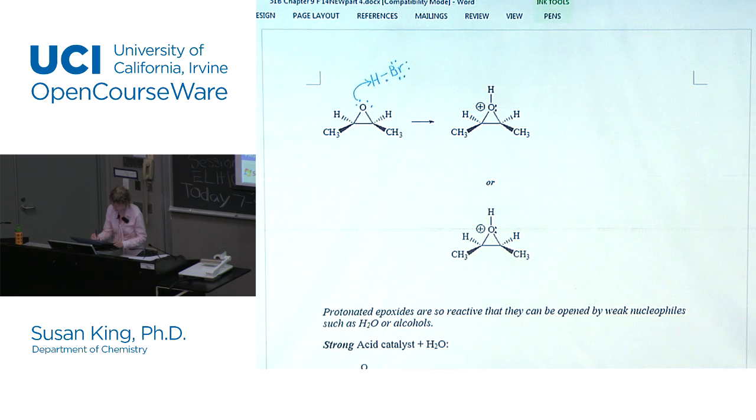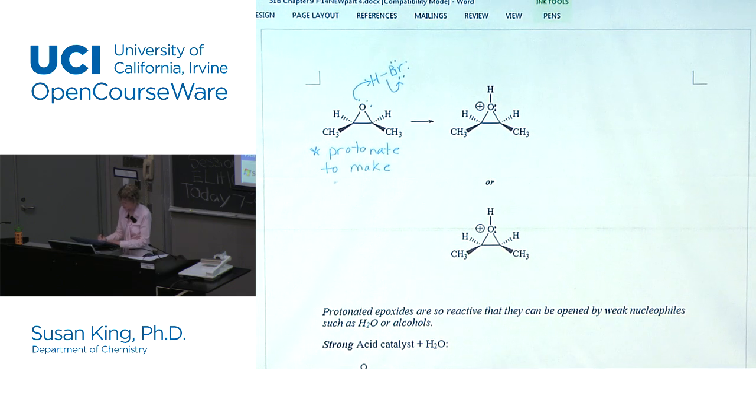We protonate the oxygen. We do that first because that's the fastest reaction. Acid-base reactions are extremely fast, and that also has a bonus in that it protonates the oxygen to make it a better leaving group.